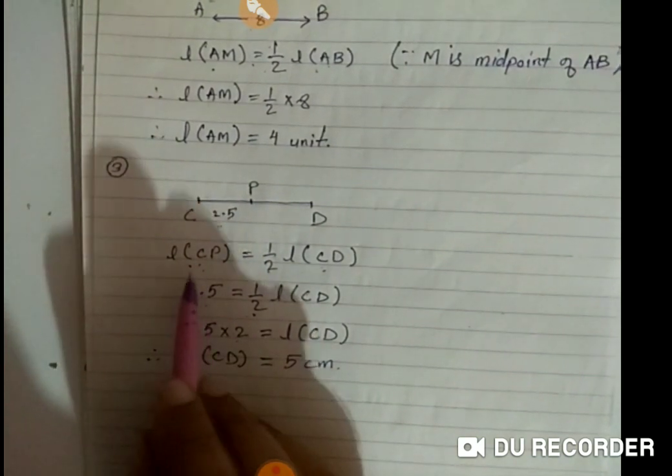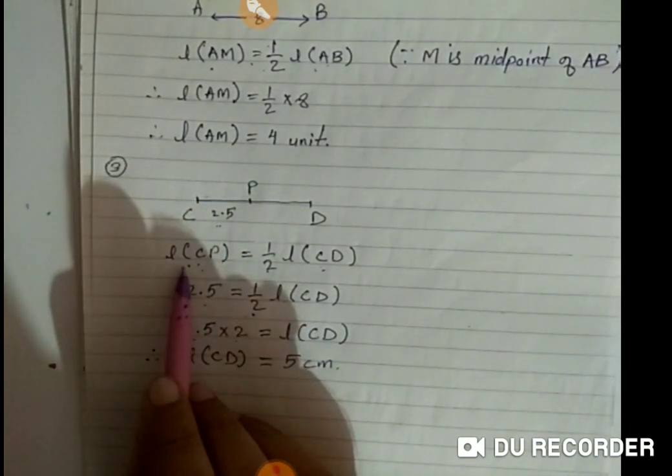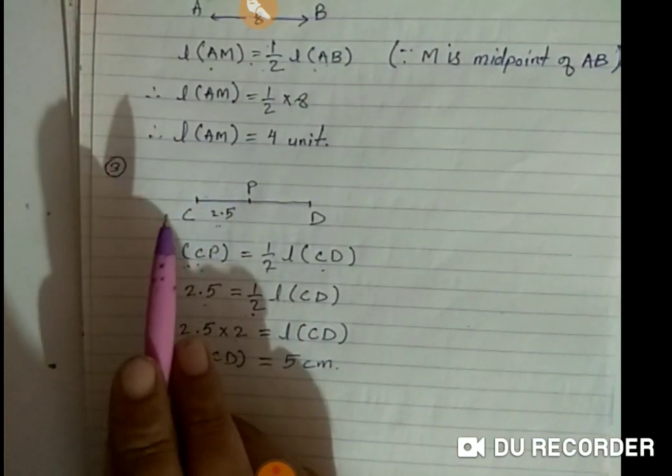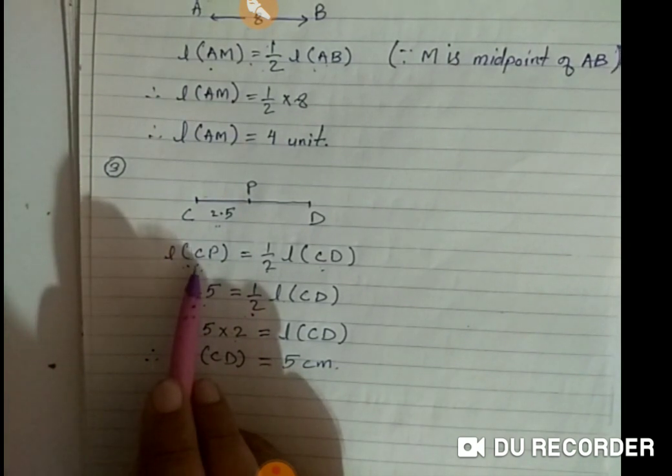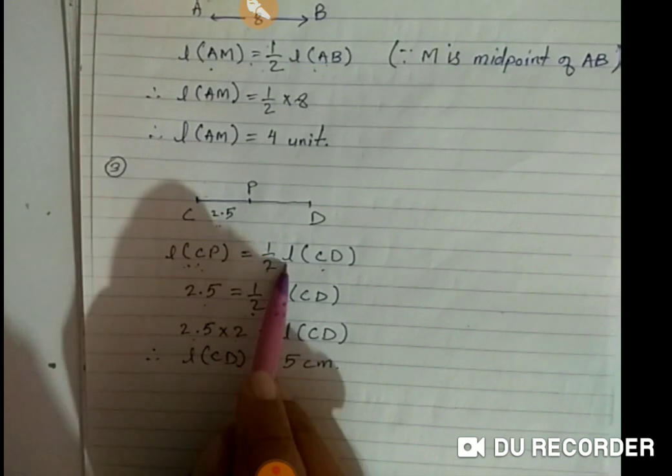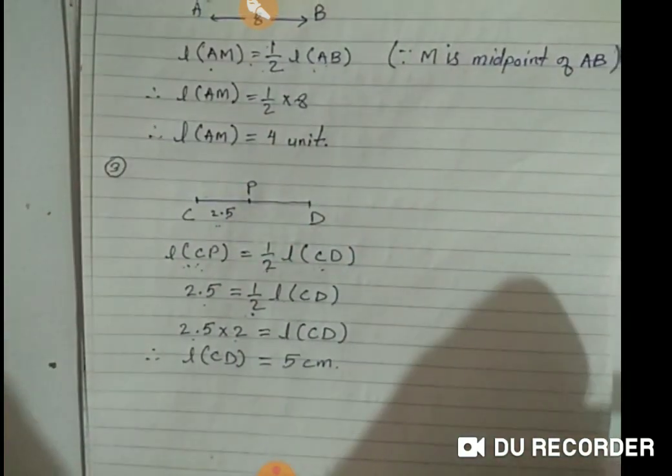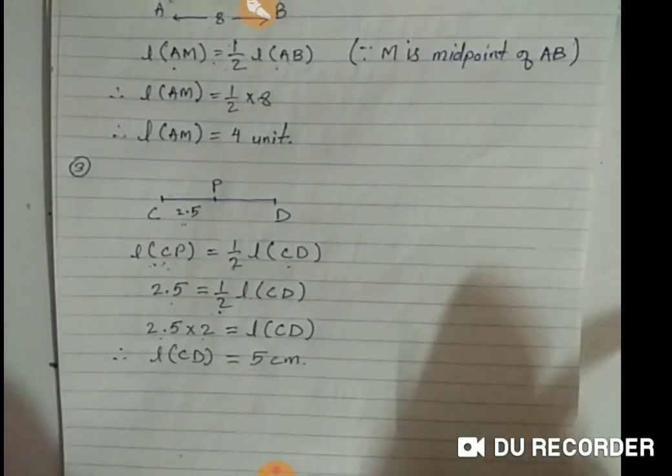Now, same rule we used for question number 2 and same rule we are using for question number 3, that length of CP is half of length of CD. And on what basis we are using this rule?